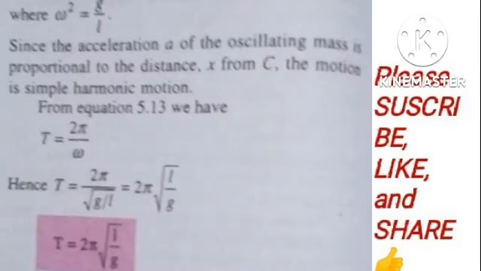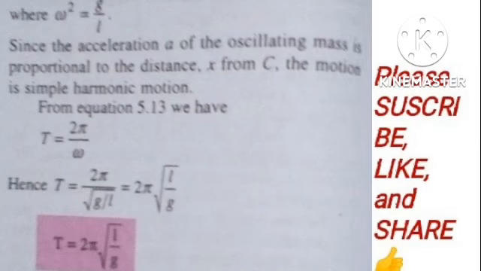Now, as I mentioned earlier, simple harmonic motion is full of relationships. So you can see that in this case, the square of the angular velocity is equal to the quotient of the acceleration due to gravity and the length of the string. This string is the string that bears the mass that is oscillating in simple harmonic motion.